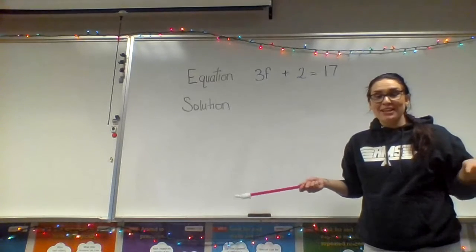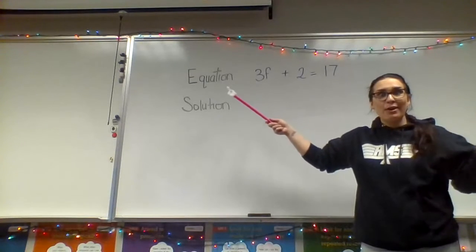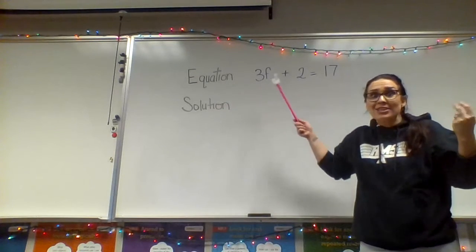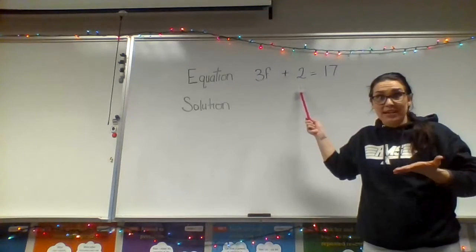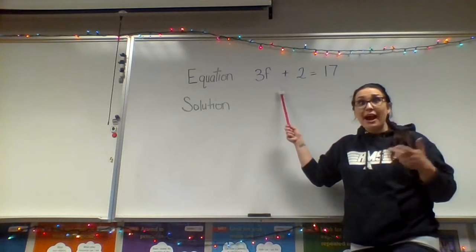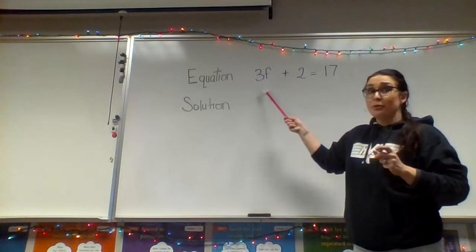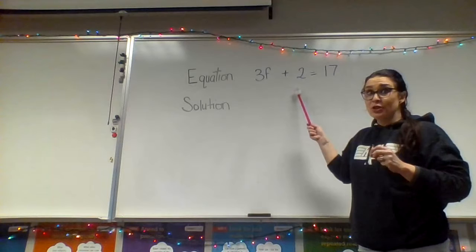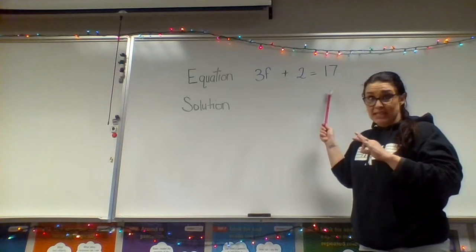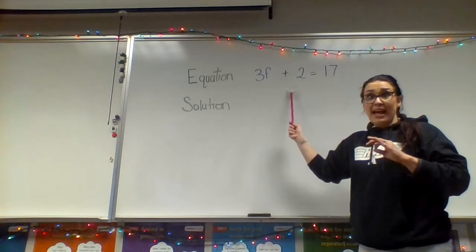All right, my friends, so we just talked about equations, and we said that an equation has to have that equal sign to show us that it is an equation. So over here, I have an example of an equation, right? We have 3f plus 2 equals 17, all right? So this is an equation again because I have that equal sign, right?